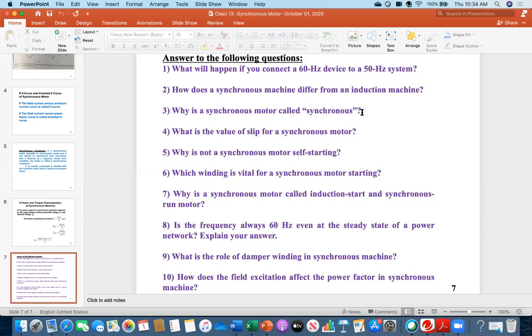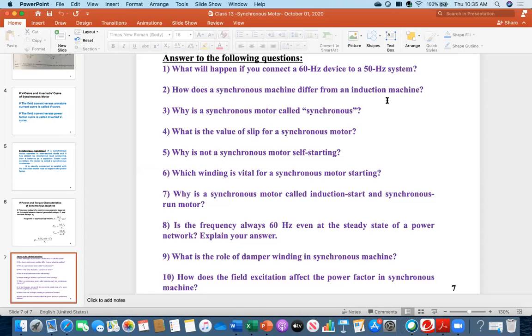When the word is machine, it could be a motor or a generator, both. Same thing, an induction machine could be an induction motor or an induction generator. So how can you distinguish a synchronous machine from an induction machine?